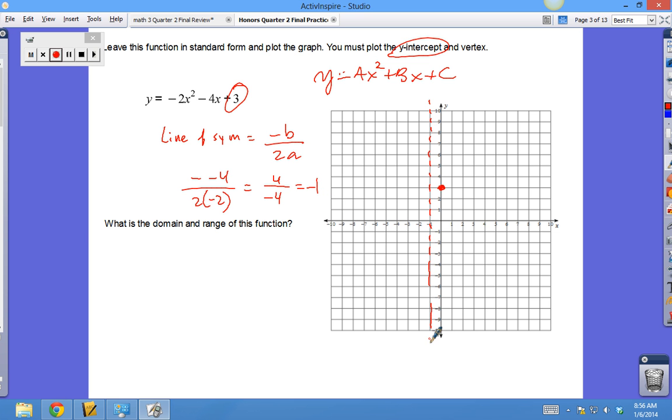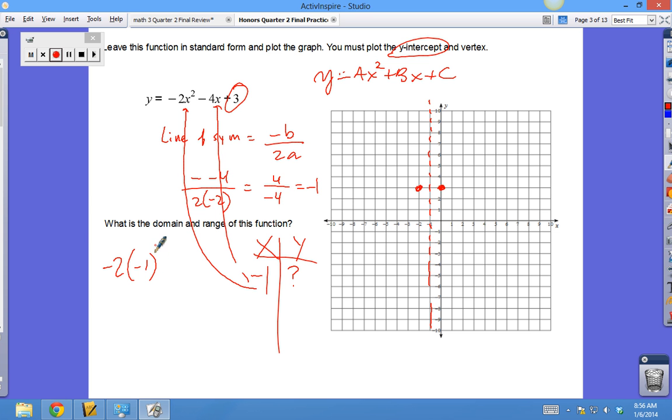That means this dot flips over here for free. And you're going to use the same thing over and over again. If you know that your vertex is going to be -1 for the x and you want to find the y, you just take -1 and plug it in for x and do the math. But you've got to put it in parentheses or else that's going to mess you up.